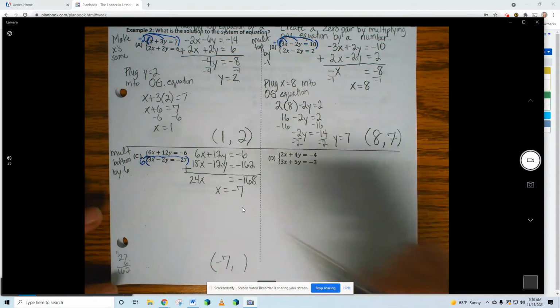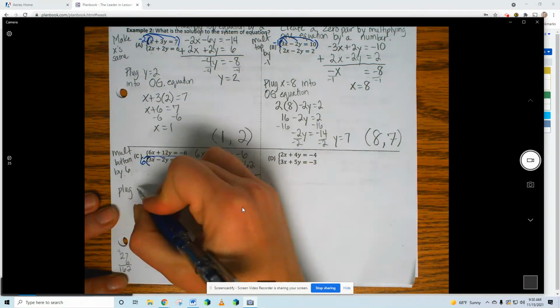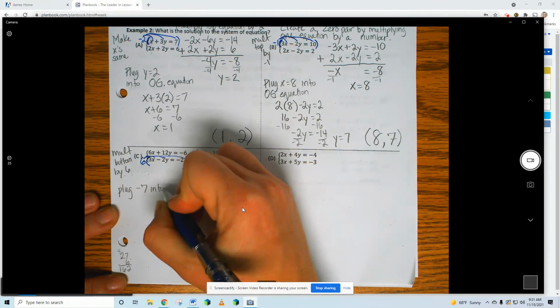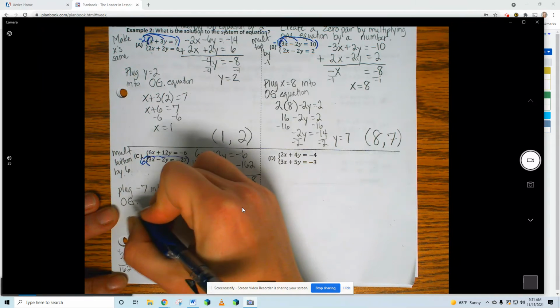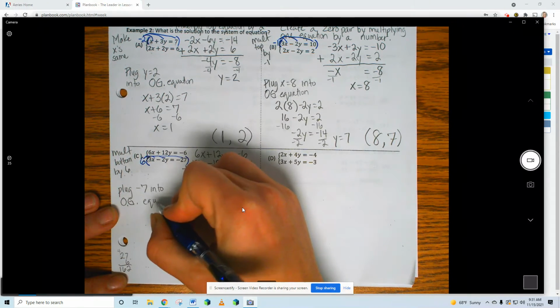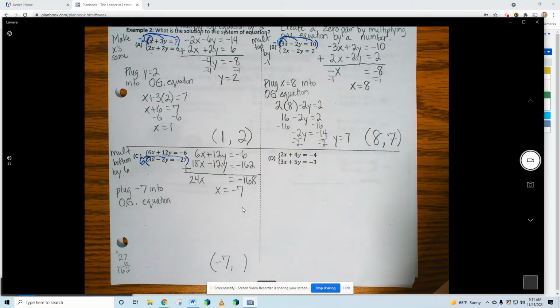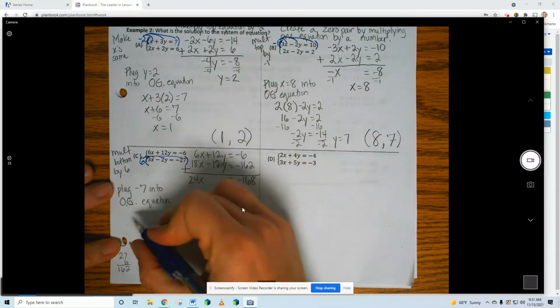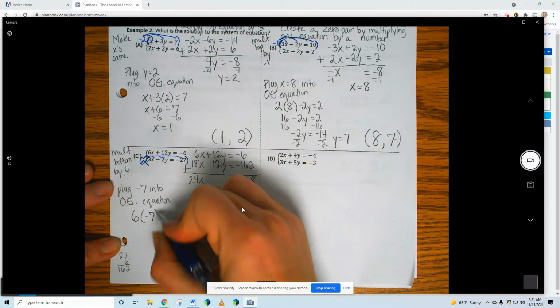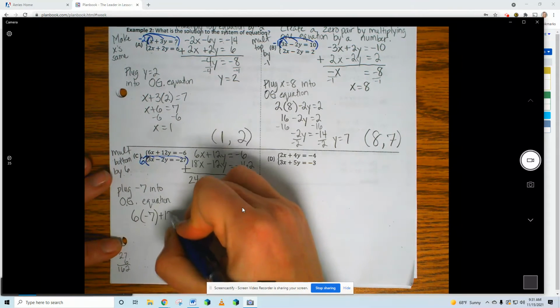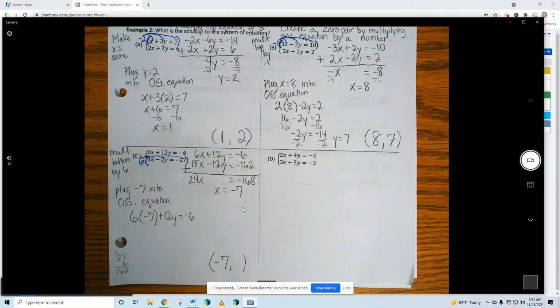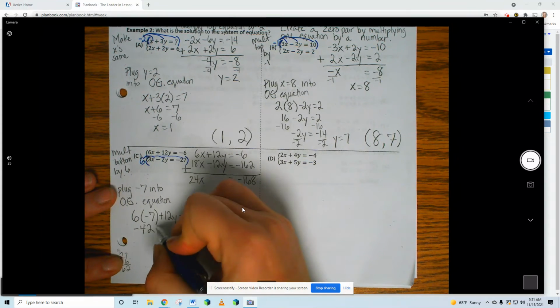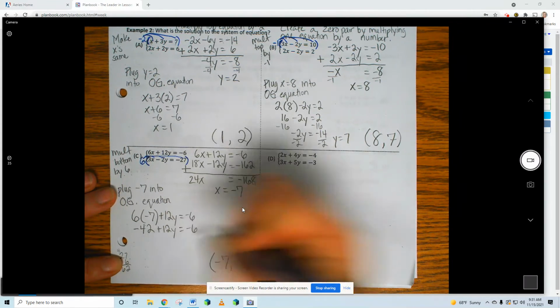Okay. If X is negative 7, plug negative 7 into an original equation. Let's do the top one. I don't really want to deal with 27 anymore. 6 times x, well, x is negative 7, plus 12y equals negative 6. Negative 42 plus 12y equals negative 6.